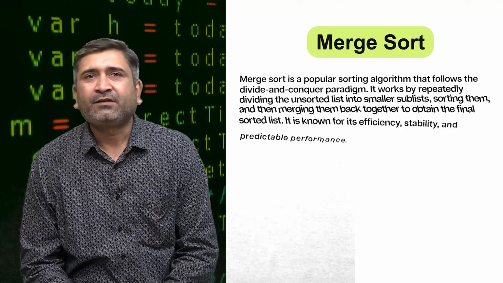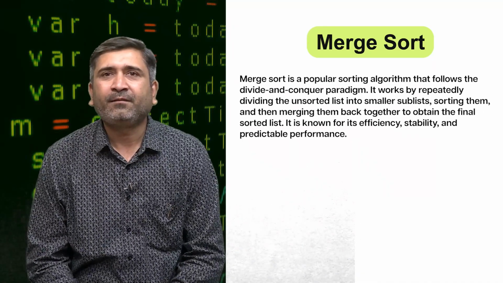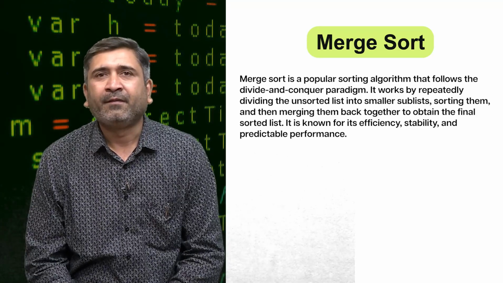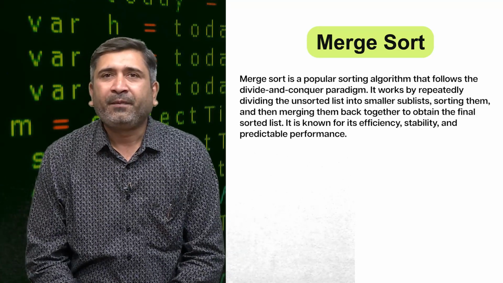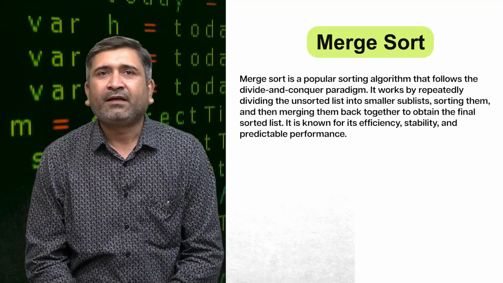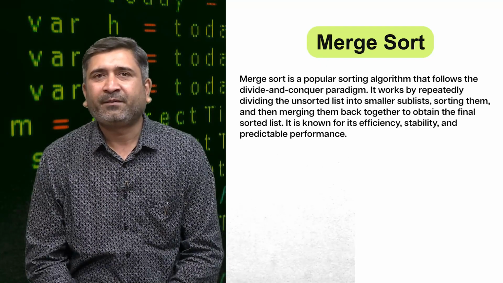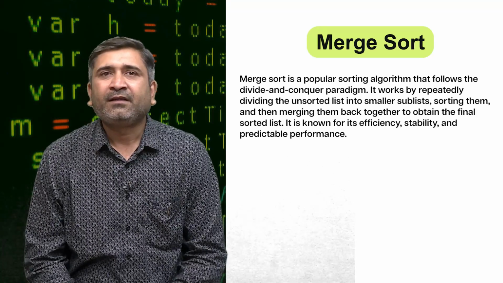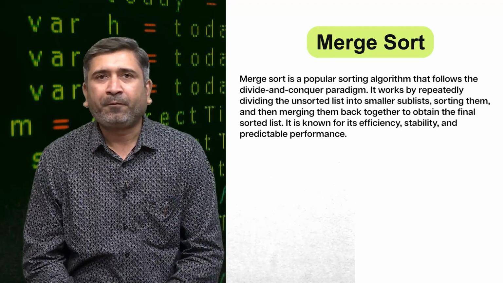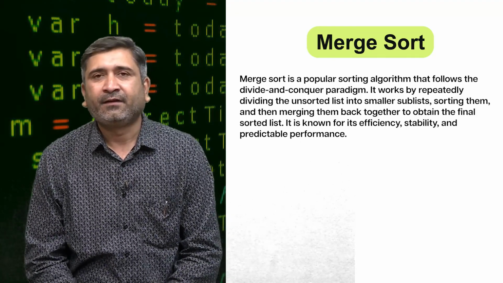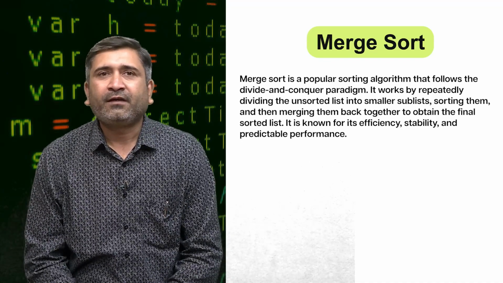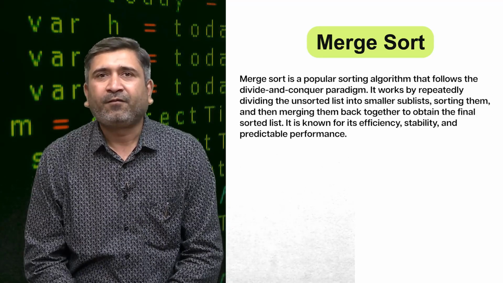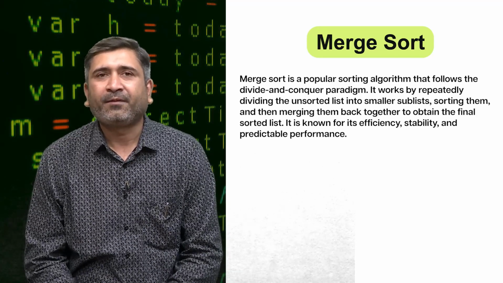Merge sort is a popular sorting algorithm that follows the divide and conquer paradigm. It works by repeatedly dividing the unsorted list into smaller sublists, sorting them, and then merging them back together to obtain the final sorted list. It is known for its efficiency, stability and predictable performance.